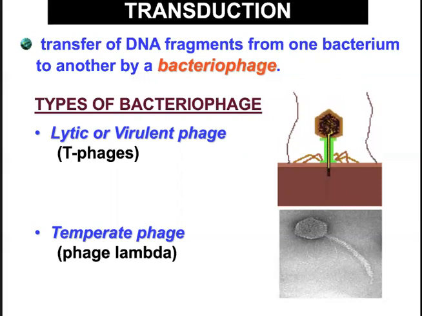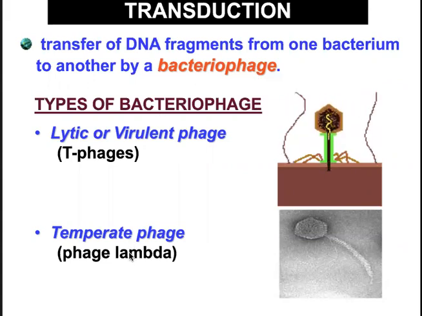The lytic or virulent phage usually replicates through the lytic cycle. It involves the production of viruses using a host cell to manufacture more viruses, and then the viruses would burst out of the host bacterium. That's why we call it virulent phage. It will cause its host bacteria to die, to lyse, so that the new virions can come out of the host cell.